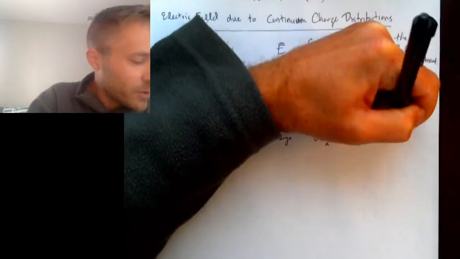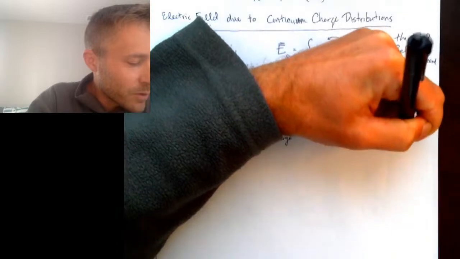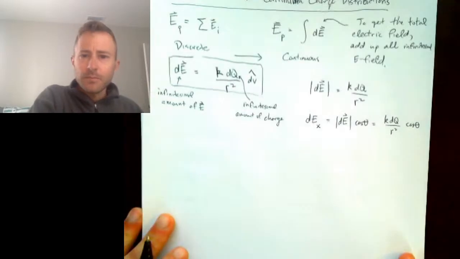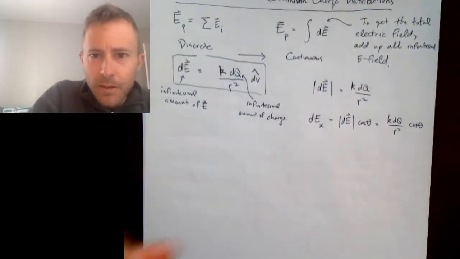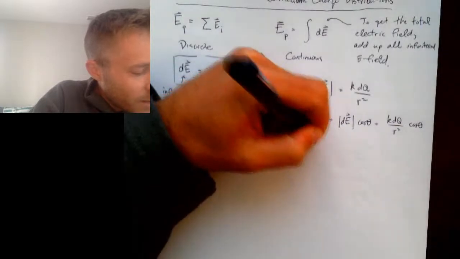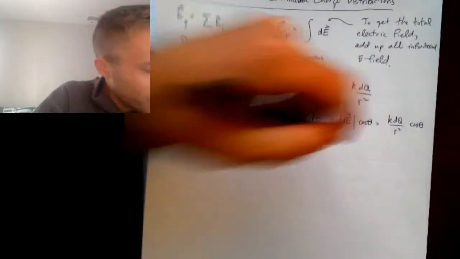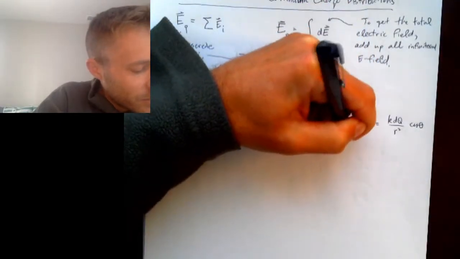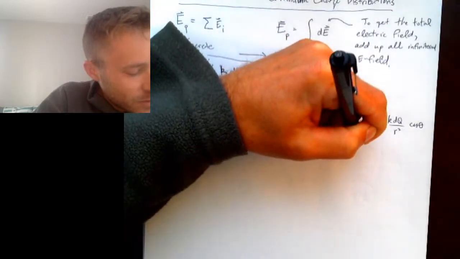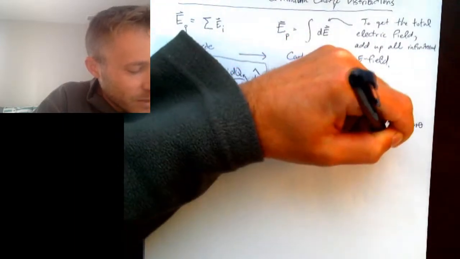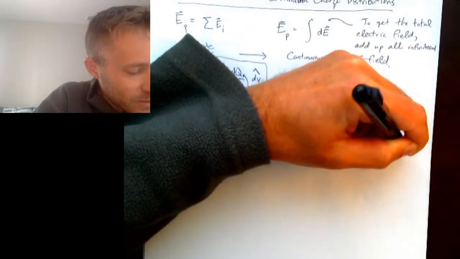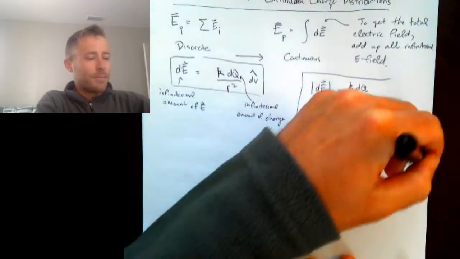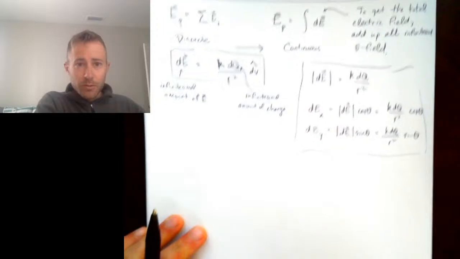So that's k dq over r squared times cosine of theta. Sometimes we might want the y component, which is the magnitude of dE times sine of theta. So that would be k dq over r squared sine of theta. A lot of these expressions are going to pop up as we do examples.